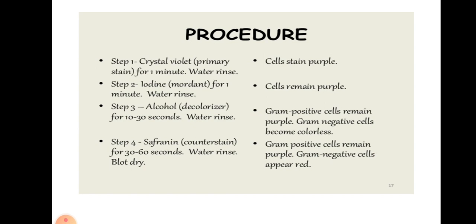Step 4 is safranin, known as counter stain, which is allowed to stay for 30 to 60 seconds. During this process, gram negative bacteria will take the counter stain whereas gram positive bacteria will not take the counter stain and remain purple in color. Wash the slide after 30 to 60 seconds and blot it dry. Observe under microscope.